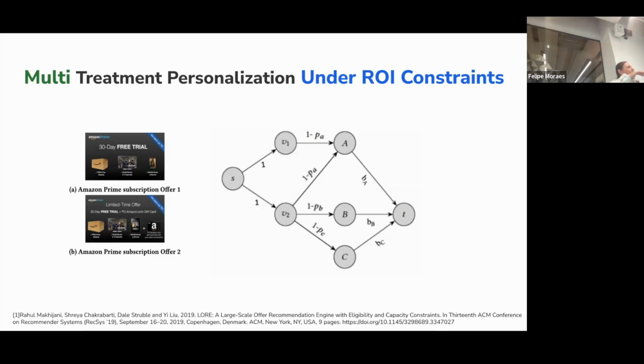It's very similar to when you should deliver some goods and you have different variants of your logistic routes, so the idea is to find the cheapest route. They also address not just multi-treatment personalization, but also the optimal budget per every offer.